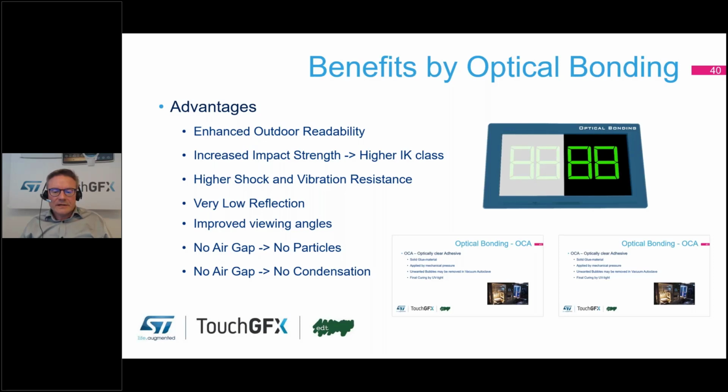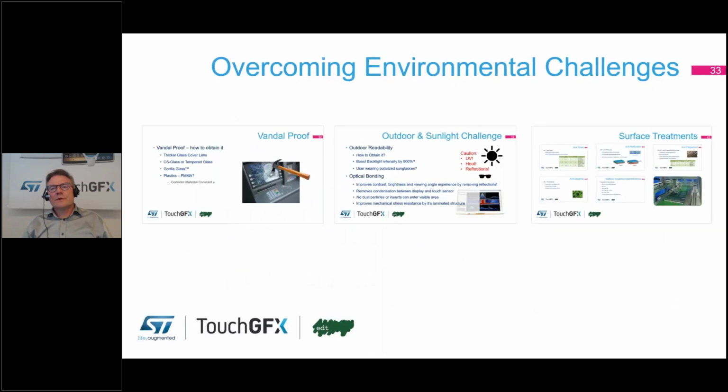I don't think I need to dig more into the ways of optical bonding, but there are commonly two types of optical bonding. One is the optical clear adhesive, and the other one is the optical clear resin. The resin is a glue that you apply, and you have to be careful that it only goes where you want it to go.